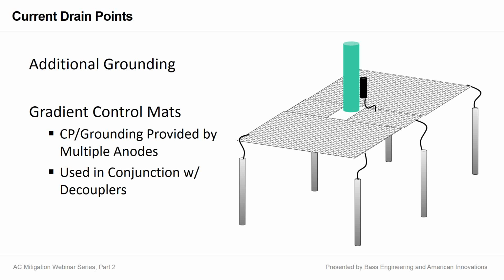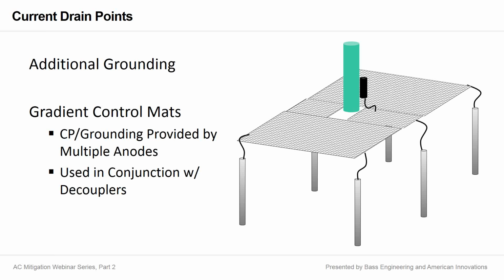Since you are installing magnesium anodes with that gradient control mat, go ahead and specify heavier cables on those magnesium anodes. Since those magnesium anodes could be expected to serve as a current drain point, you want to make sure that the cable has the current carrying capacity to handle that.